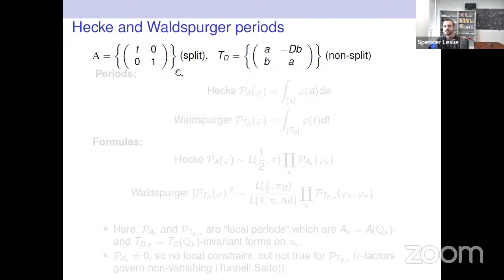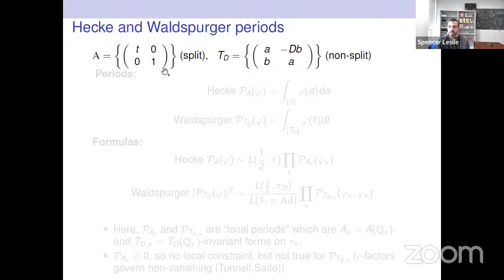It's a simple exercise to see that if you act on the complex upper half plane via this group, then at the point i, you just scale out the imaginary axis. Whereas for the Heegner points and Walsh-Bourget's period, we're interested in the period associated to this non-split torus, where again I've made the mistake of putting a negative sign because I assumed that my discriminant d was negative.